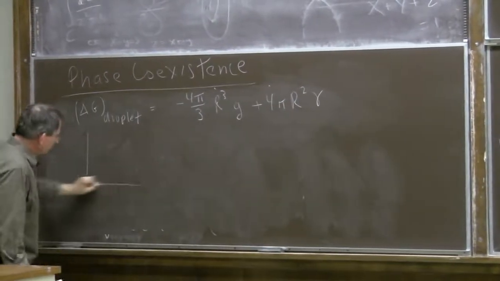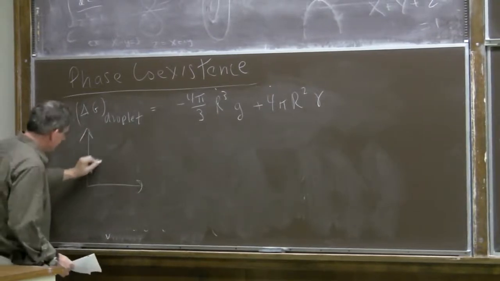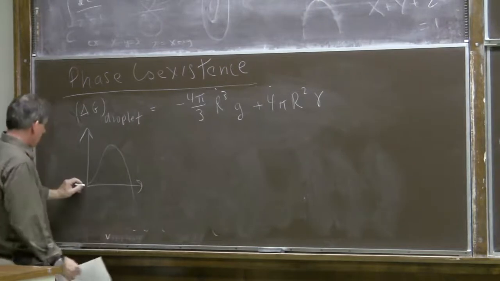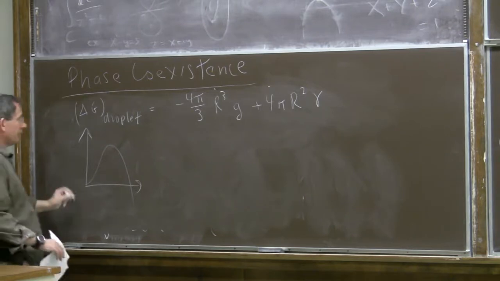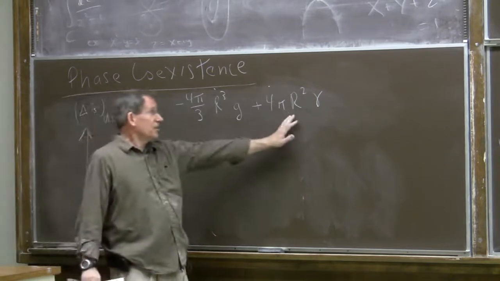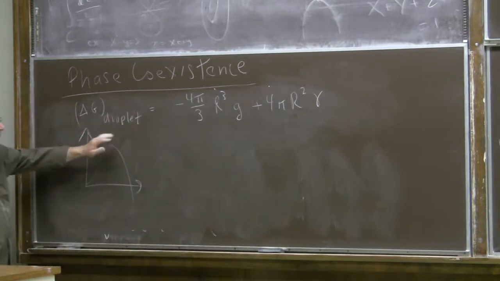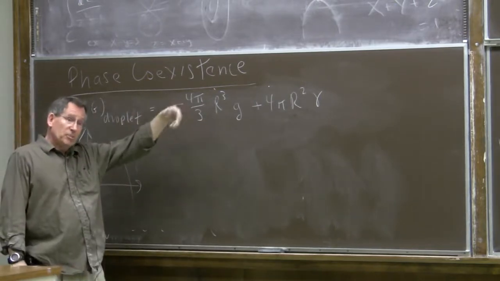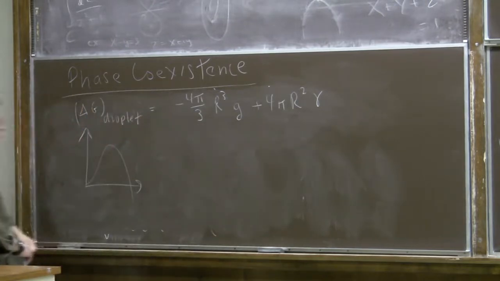So when the droplet forms, if it's small, then there's going to be some positive cost in Gibbs free energy for making the droplet. The surface tension dominates when r is small. But eventually, when it gets big enough, the gain in Gibbs free energy by forming liquid overcomes the cost arising from the surface tension and the curve turns over.